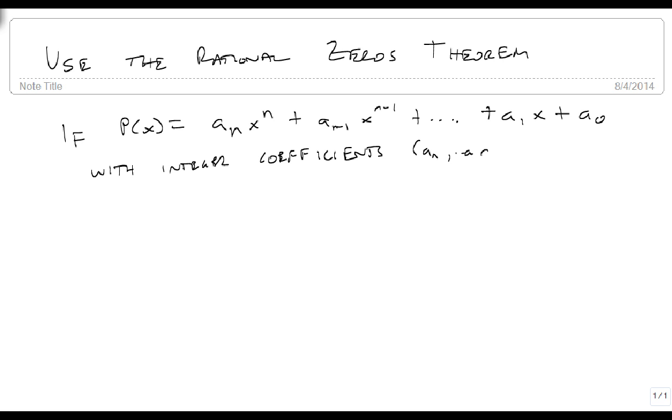a_n to a_0, these are all integers, so they're allowed to be positive and negative. And p divided by q is a rational number in lowest terms.